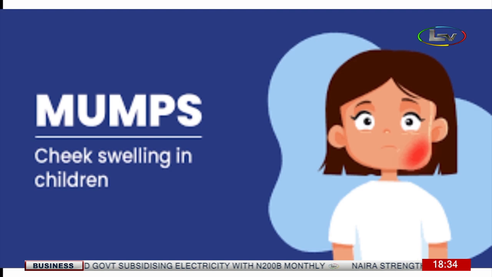And it's just as I mentioned earlier, it's caused by mumps virus, which spreads from one child to another through direct contact with someone that is infected with the disease.